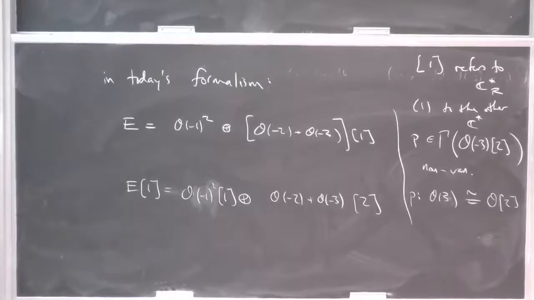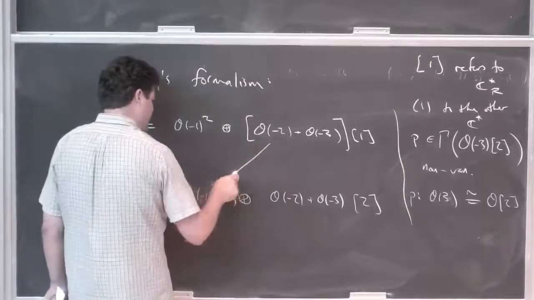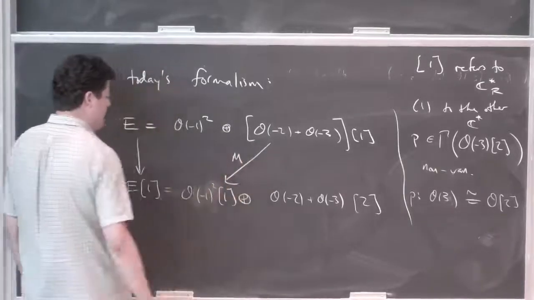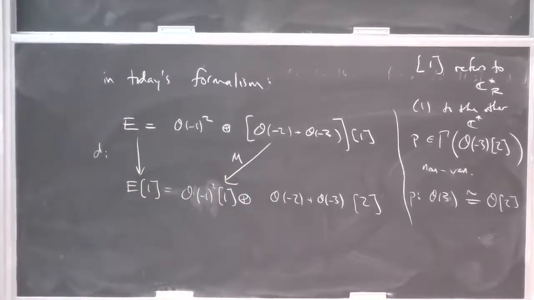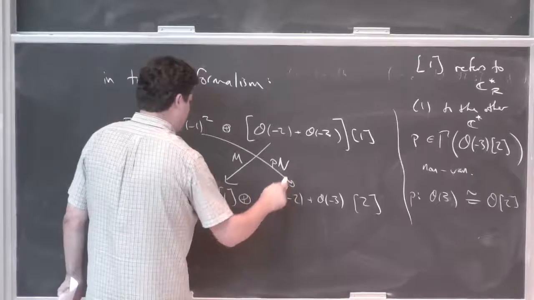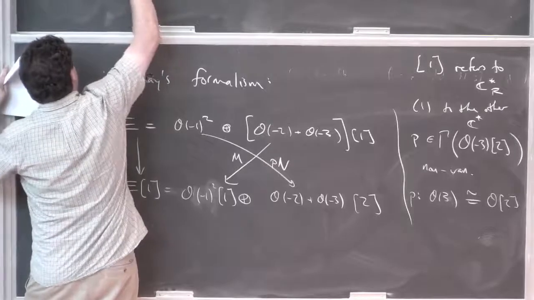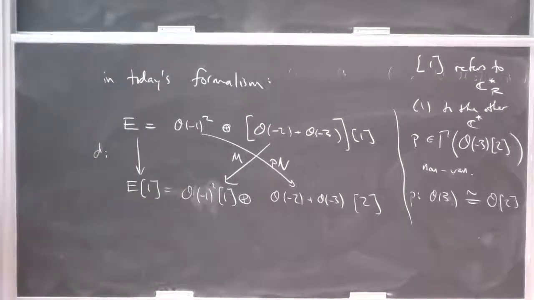And now how can these go? So D, from there to there, here I'm going to put M. That's legit. And there I'm going to put P times N. Oh, I forgot to tell you.